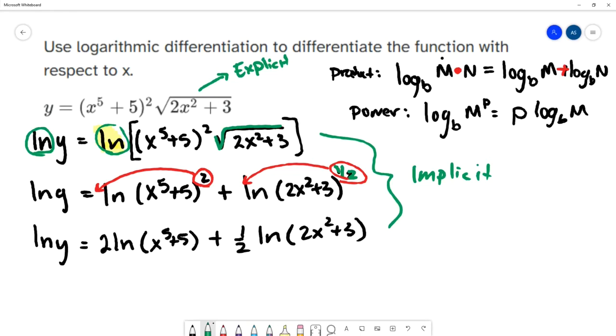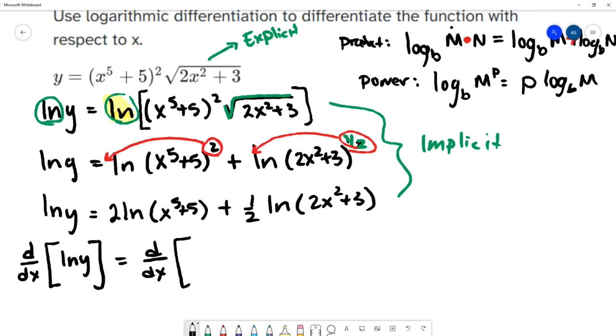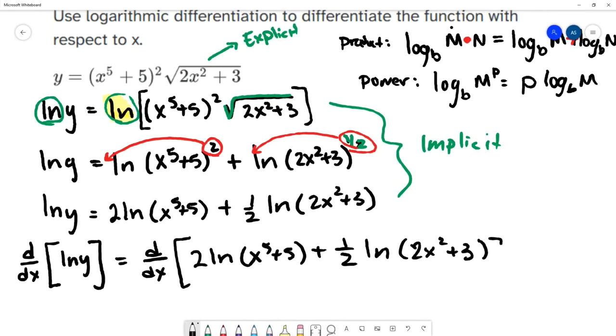So when I calculate the derivative, I need to use implicit differentiation, the process of implicit differentiation. So I'm going to calculate the derivative with respect to x on the left and calculate the derivative with respect to x on the right.